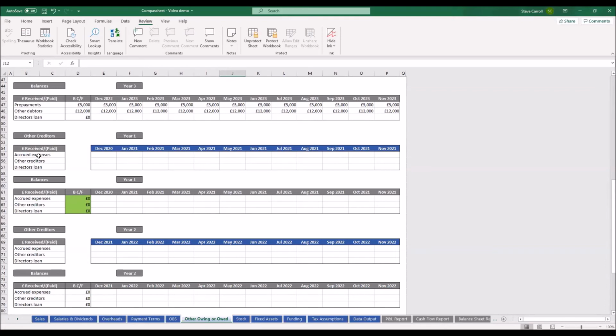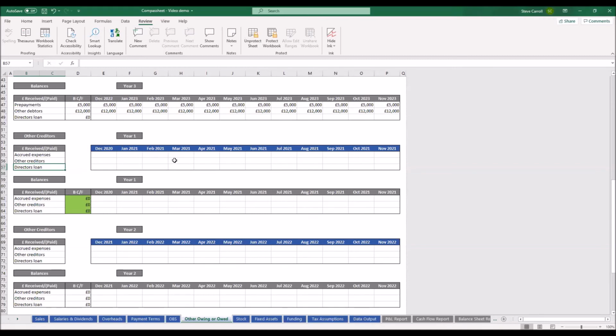This is very similar but in reverse. This is what we owe other people. So accrued expenses are amounts that we owe other people that we've not received invoices for yet. Then other creditors and the director's loan.